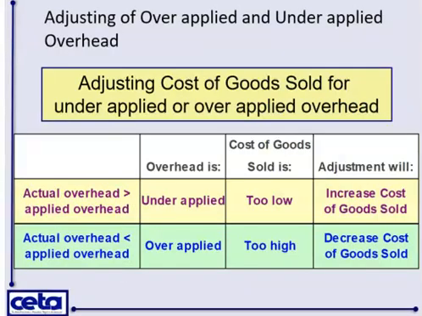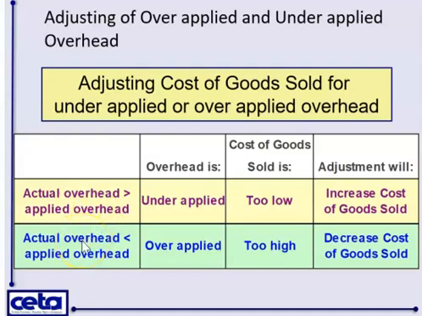So if the actual overhead is more, actually incurred when we finished the production, we found out that our additional cost was more and applied was less. We estimated less. In that case, it's under applied. That means we thought our cost would be low. In this case, our cost of goods sold will be more and we will be making less profit.